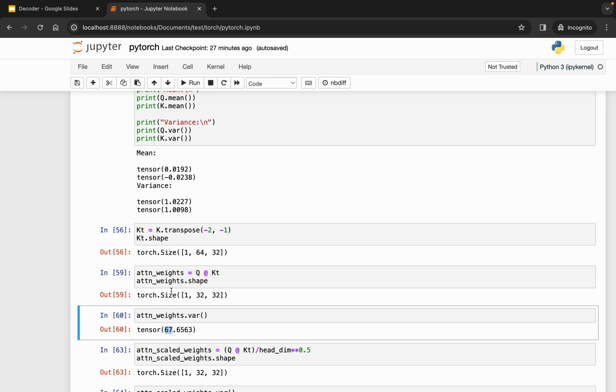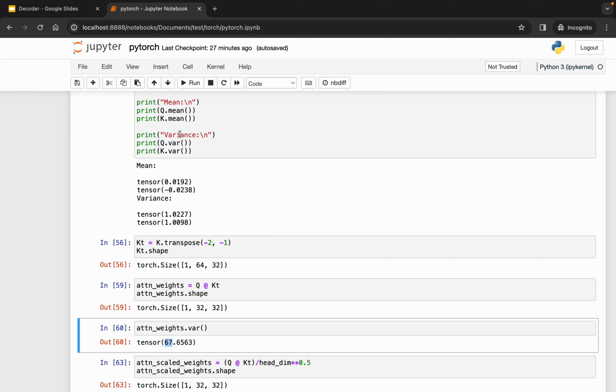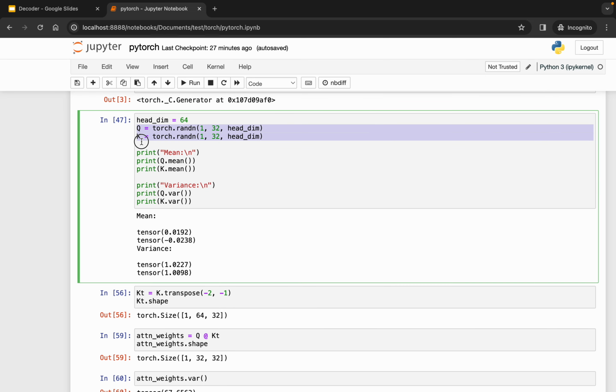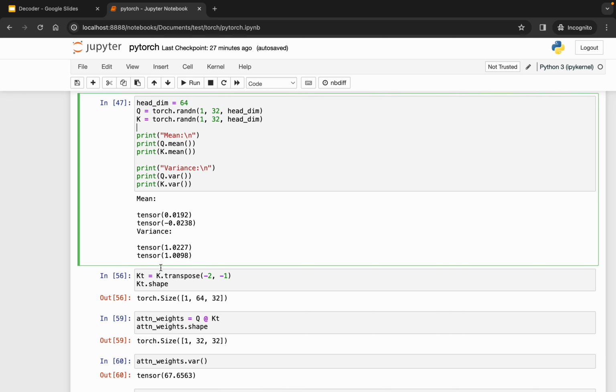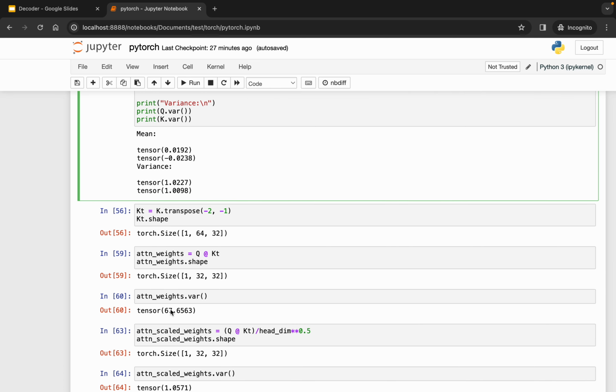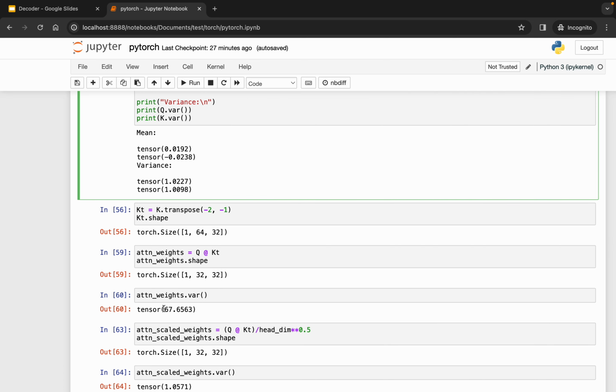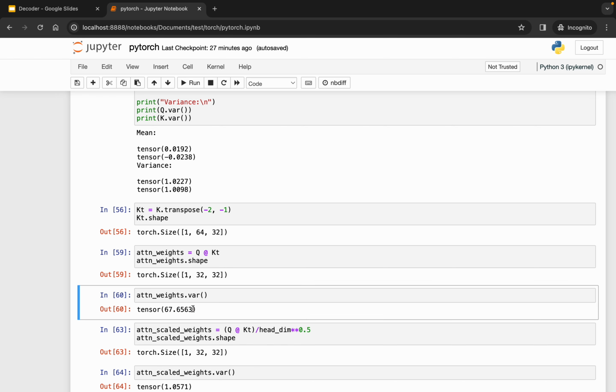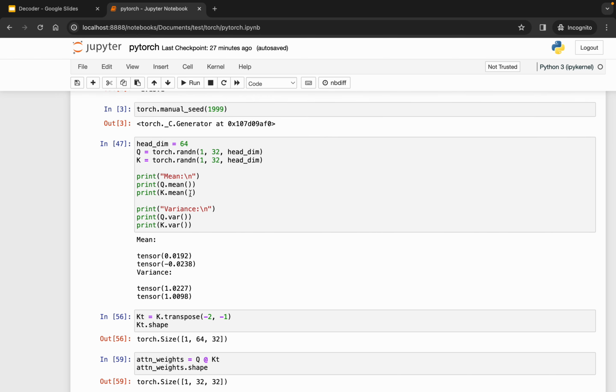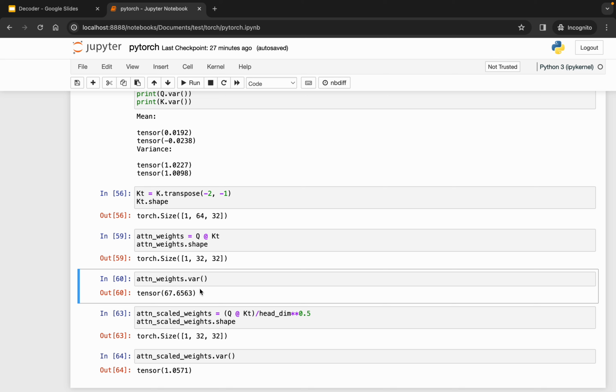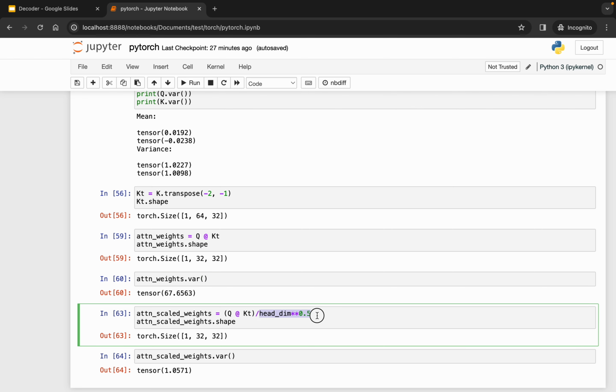Okay, and we have the k vector and the q vector whose variance is almost 1, but when you take the dot product, the variance is not 1, and it is almost at the scale of the head dimension, which is 64, right? That is the reason why we should divide by the square root of d.